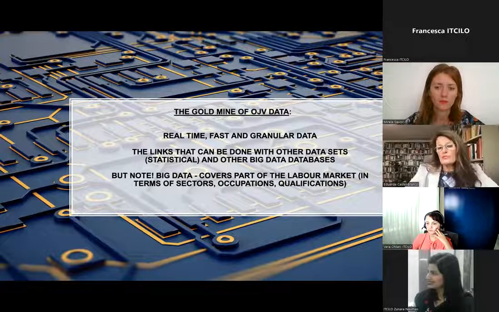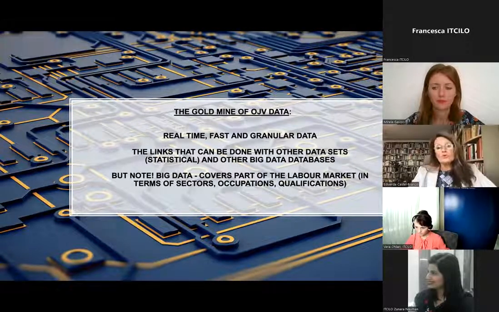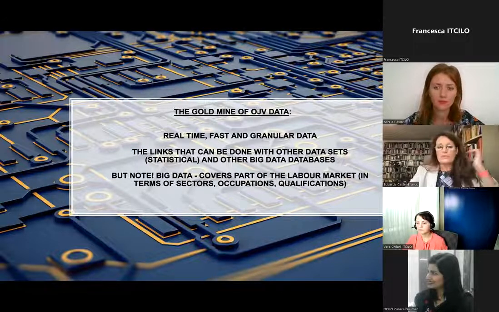It's a gold mine from one side because it is real time, it is fast, and it is granular data, more granular than we can obtain from surveys. It is also a gold mine because of the links. And this is fundamental, the links that can be made with other statistical data sets, and also with other big data databases from other institutions, countries, companies.